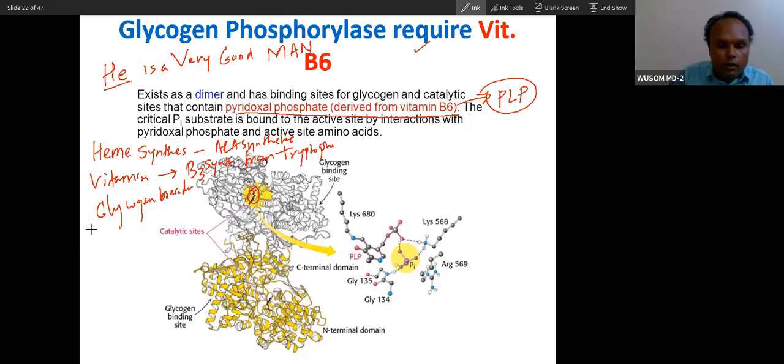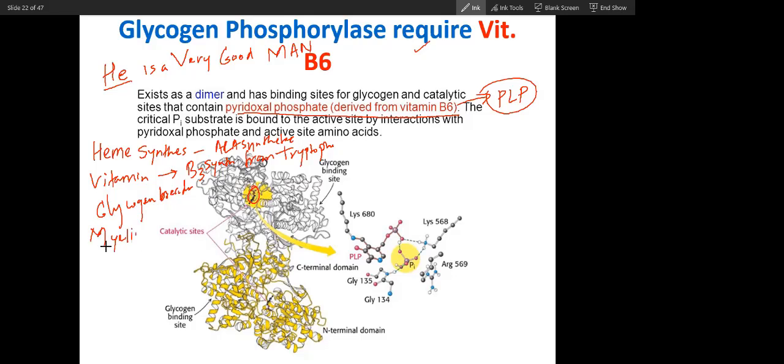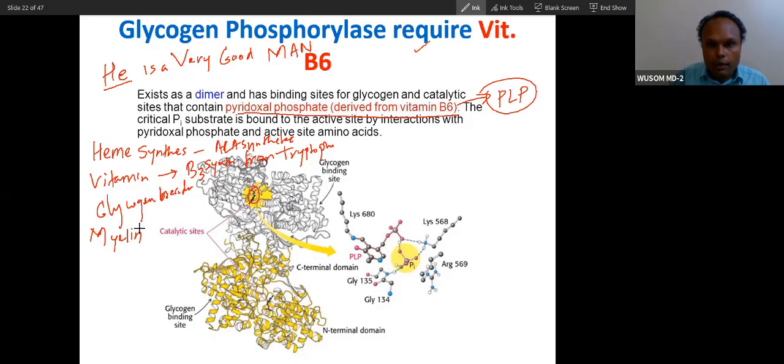Then N for myelin. Yes, myelin we have already done in MD1. First step of myelin synthesis, that is transfer of acyl group to serine. Acyl group to serine, so serine acyl transferase.